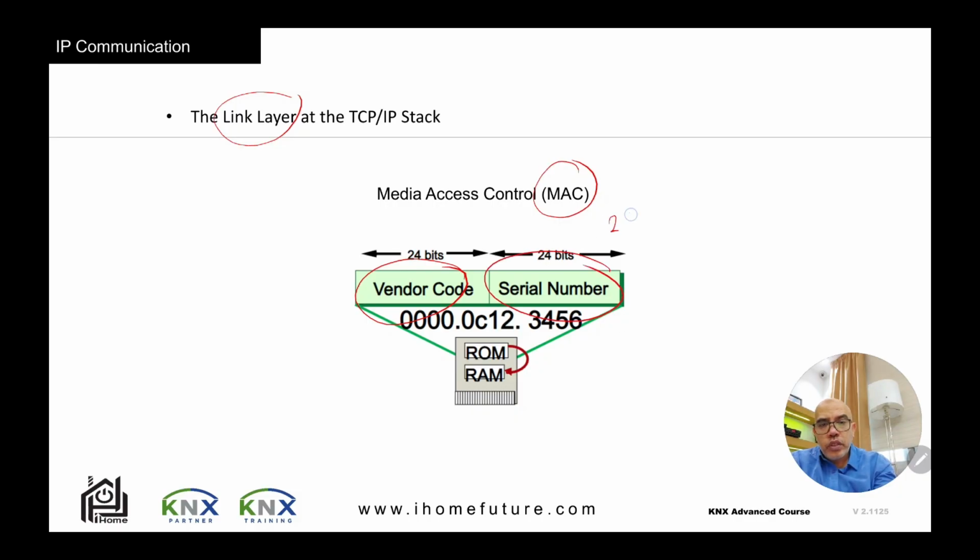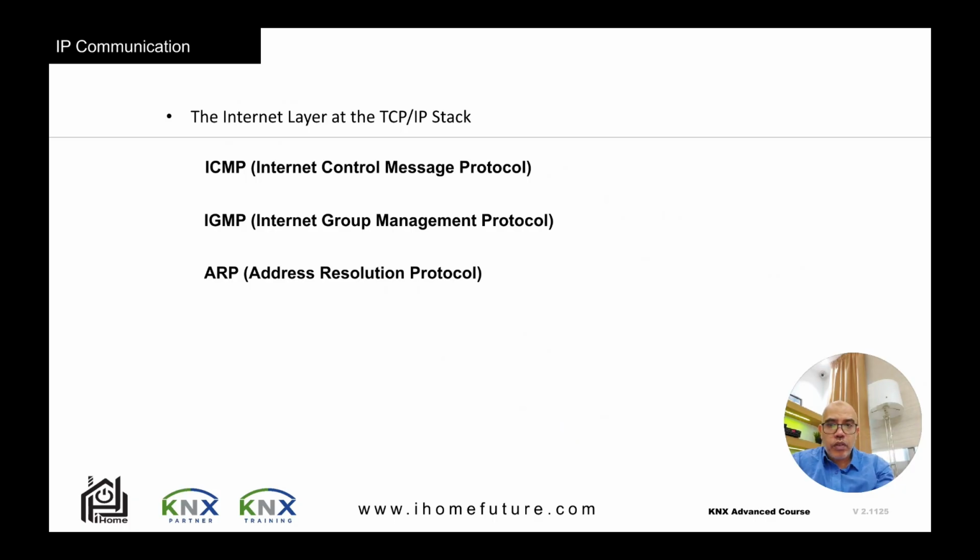This is 24 bits, so it's around 16 million something for each code of the vendor, and the vendor can have many codes. And this is a unique address, so from each factory, whether you get a device today or a different device tomorrow, each device will have a unique MAC address, which is a physical address. Normally you cannot change it with the normal tools.